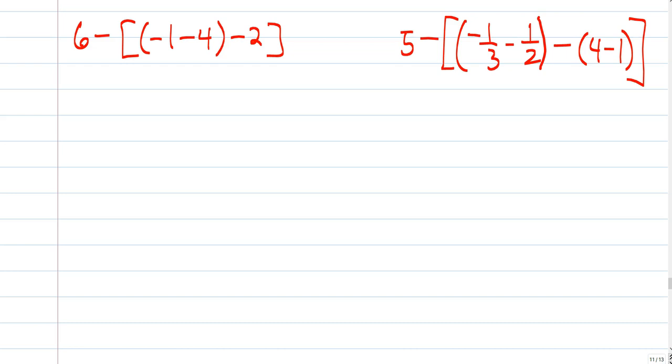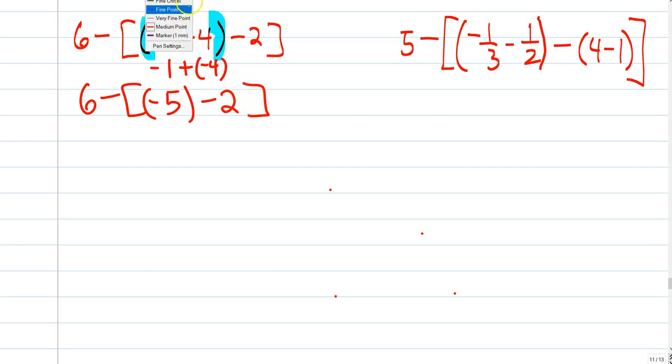Okay? I'm looking at this, order of operations. I'm going to start the innermost set of parentheses. Negative 1 minus 4, I know is negative 5. I'm not trying to make this easier, or like, okay, how the heck did you know that? Because I think of this as negative 1, instead of subtracting, adding negative 4. Negative 1 plus negative 4 is negative 5. That group has been dealt with. Minus 2.